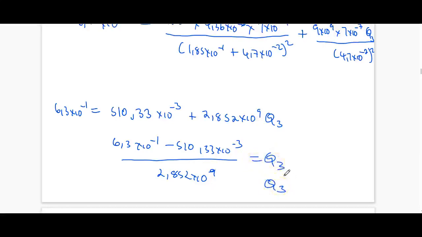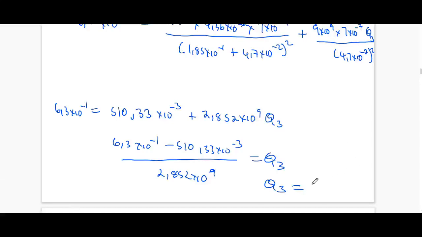So Q3 is equal to 6.3 times 10 to the power minus 1 minus 510.33 times 10 to the power minus 3, divided by 2.852 times 10 to the power 9.